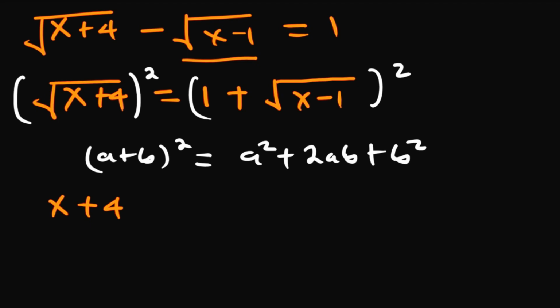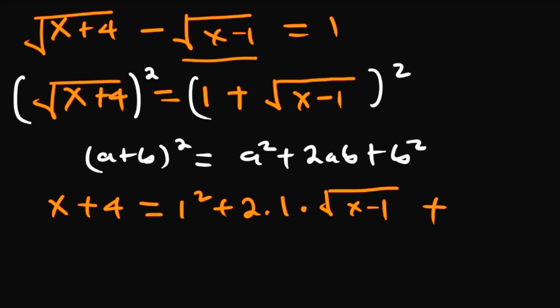So if we take that a is 1, then it means we'll have a, that is 1 squared, plus 2 times ab, that is times 1, times b, which is the square root of x minus 1, then plus b squared will be the square root of x minus 1, squared.